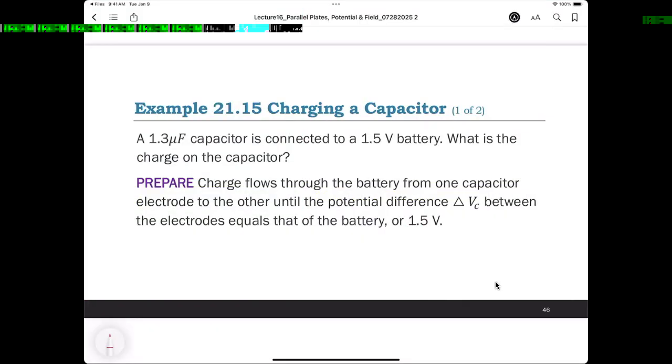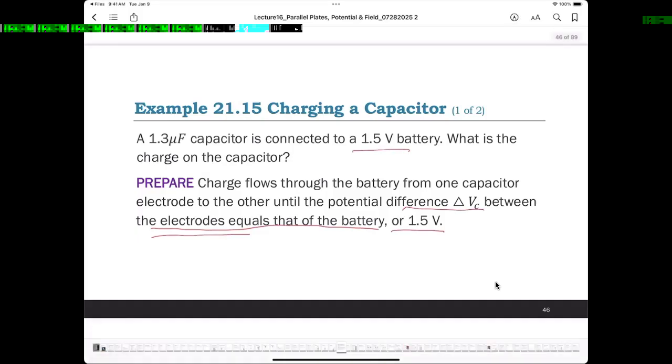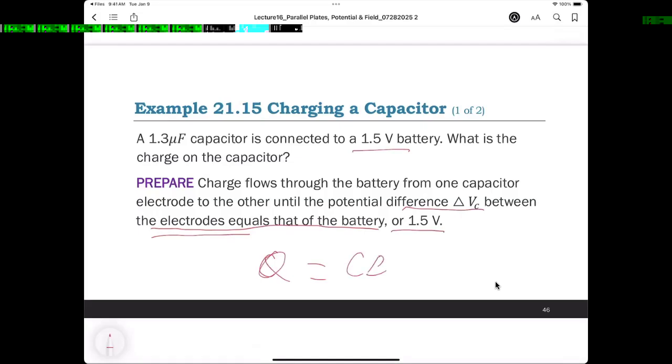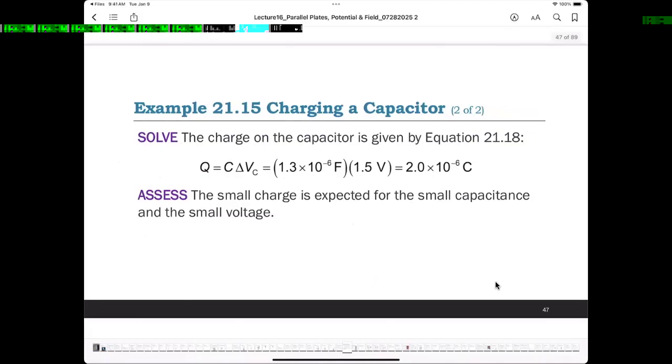Charge flows through the battery from one capacitor electrode to the other until the potential difference delta Vc between the electrodes equals that of the battery, or 1.5 volts. So the difference should be 1.5 volts, and we use the equation Q equals C delta V. The charge on the capacitor is given by equation 21.18.